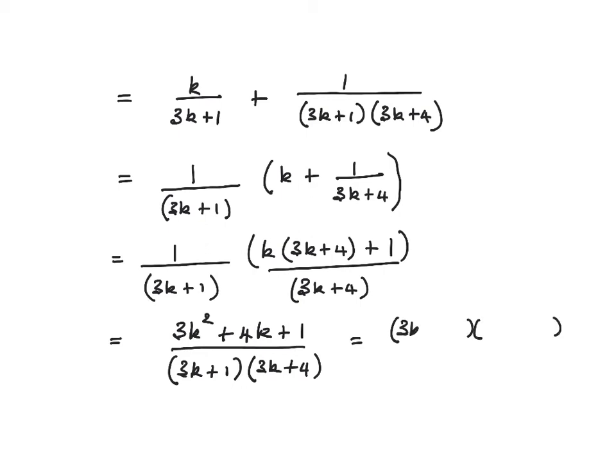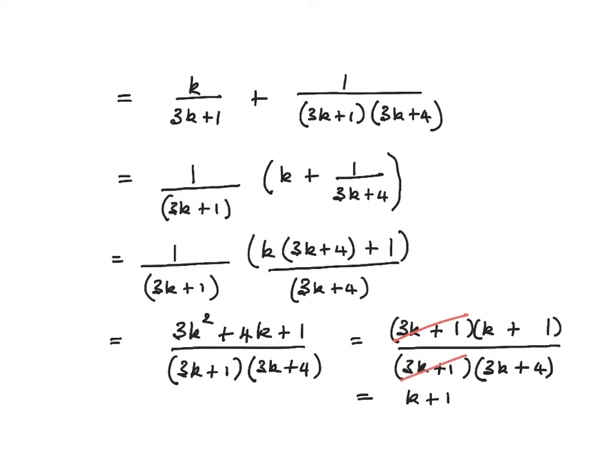That will give us 3k and k, and 1 and 1 and plus and plus. These two brackets cancel. So it's k plus 1. Now what I'm going to do with the bottom is write it as 3 lots of k plus 1 plus 1. And that's exactly what we wanted.